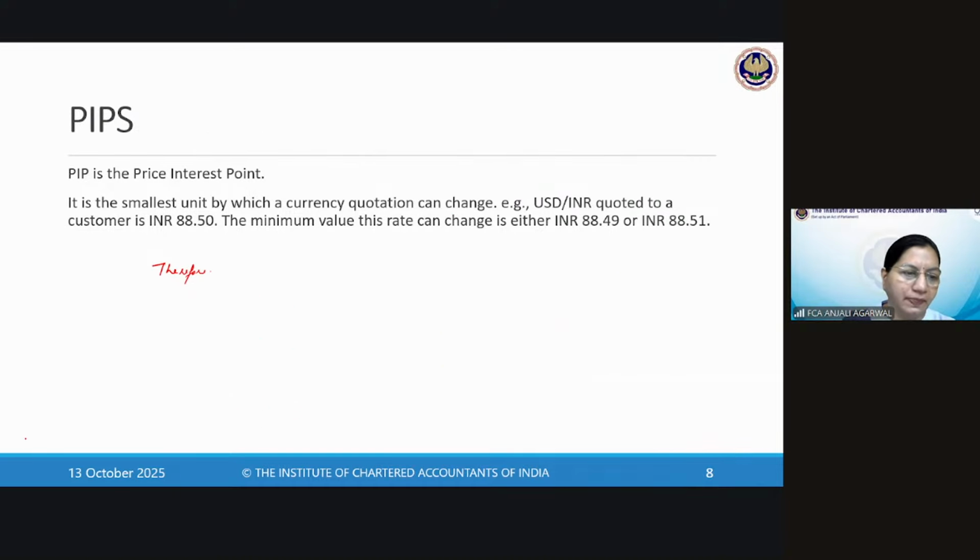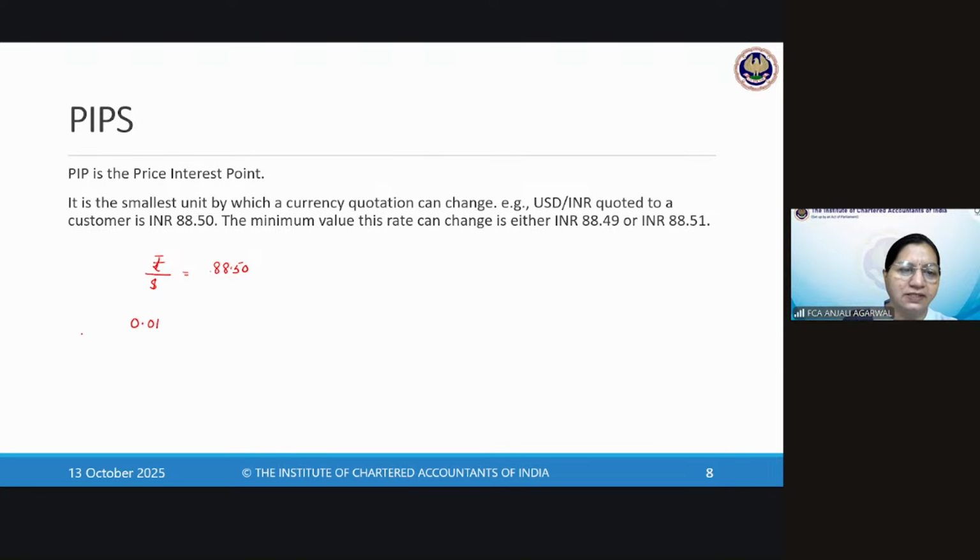What is PIPS? PIP is the price interest point. We'll look at one very interesting concept here. Now, if I say the rupee dollar price is 88.50, what is the minimum amount this can change? Here, the PIP is 0.01.